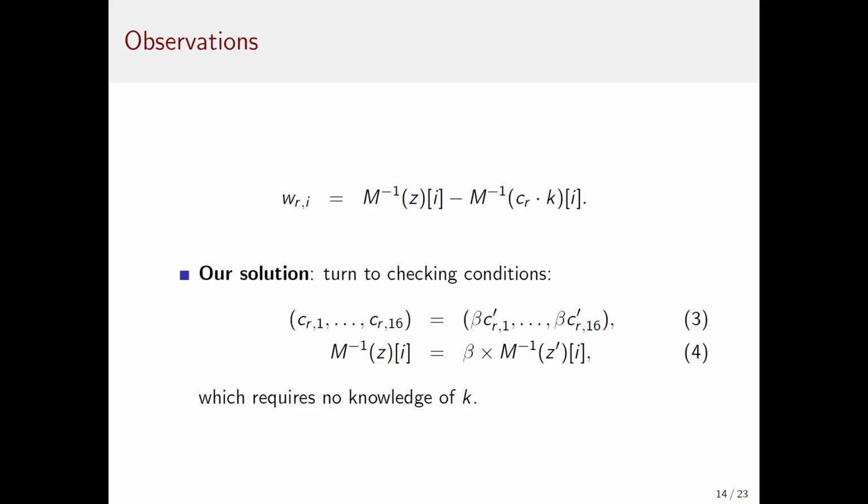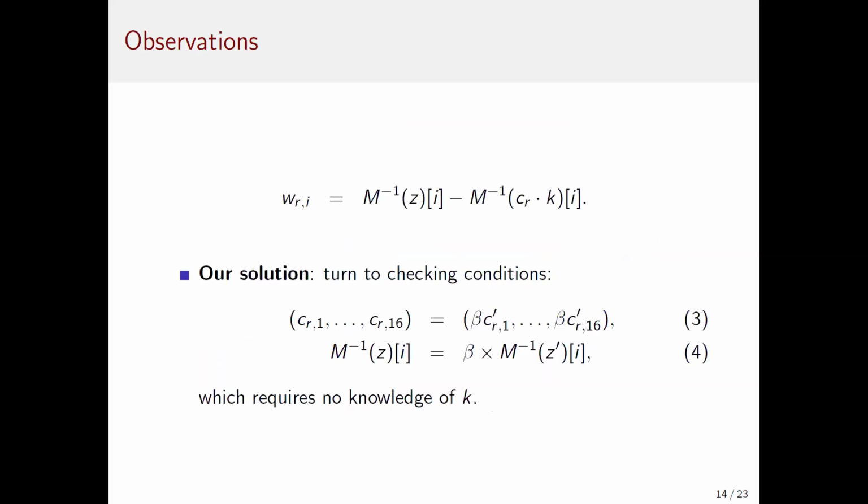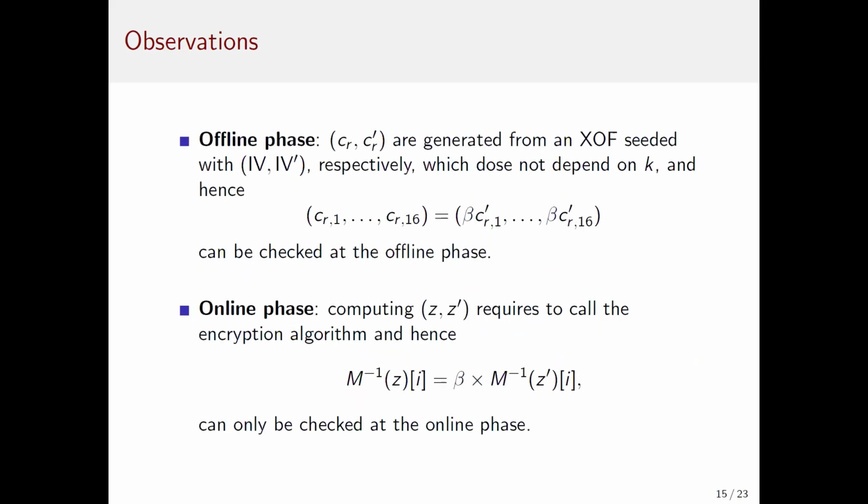Both equation 3 and equation 4 can be checked without the knowledge of K. And indeed, if you check this expression, and equation 3 and equation 4 hold, we must have this relation. The beta can be easily calculated because all of them are public. So we have solved the problem of how to check the relation for an output pair of an S-box and how to get the value of beta.